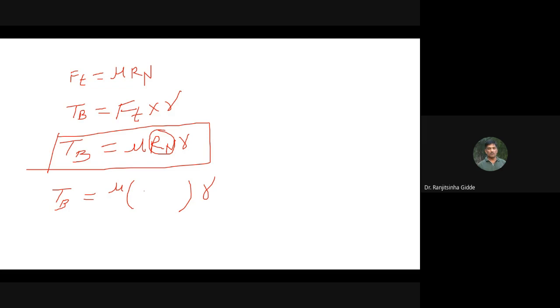So Rn is equal to PL upon x. This is when this tangential force Ft is passing through the fulcrum.